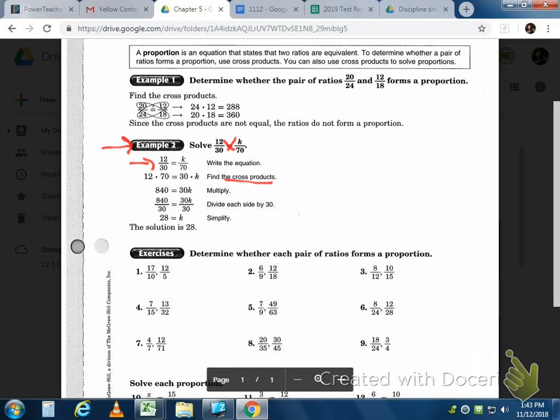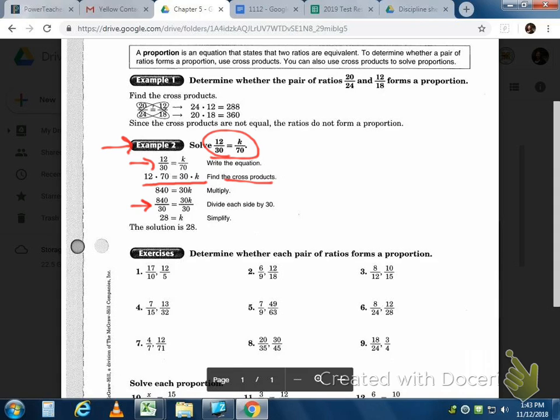At the very beginning, it is showing you that it is a proportion. Okay? So as you cross, cross, you solve. 12 times 70 is 840. 30 times k, 30k. And then we have to solve this equation. Divide both sides by 30. K is 28.